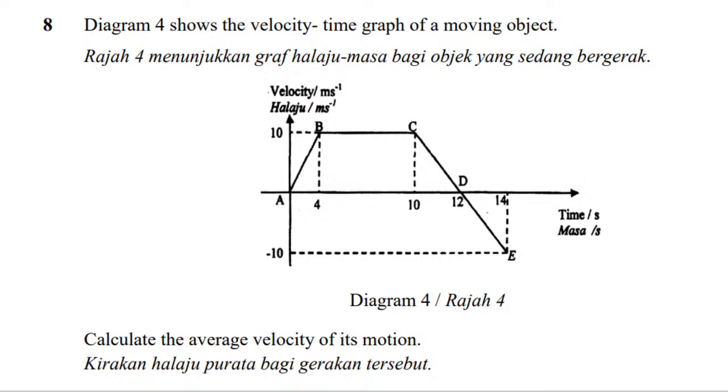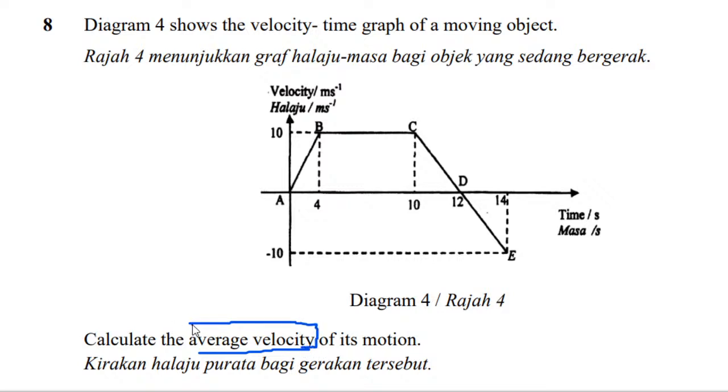So, any idea on how to solve this problem? Calculate the average velocity. What is average velocity? First, you must know the formula for average velocity. This is not straight from the graph.